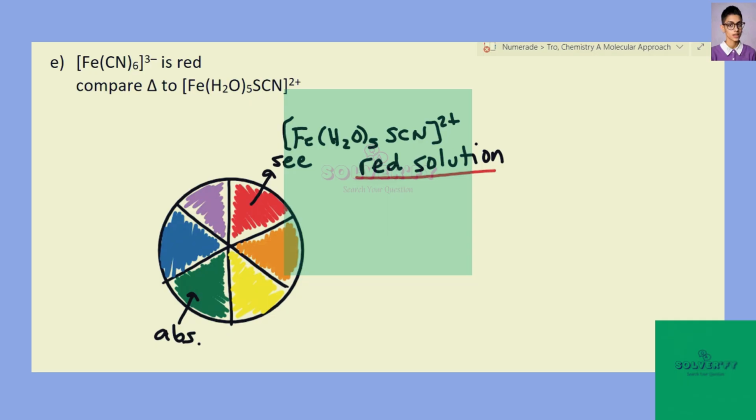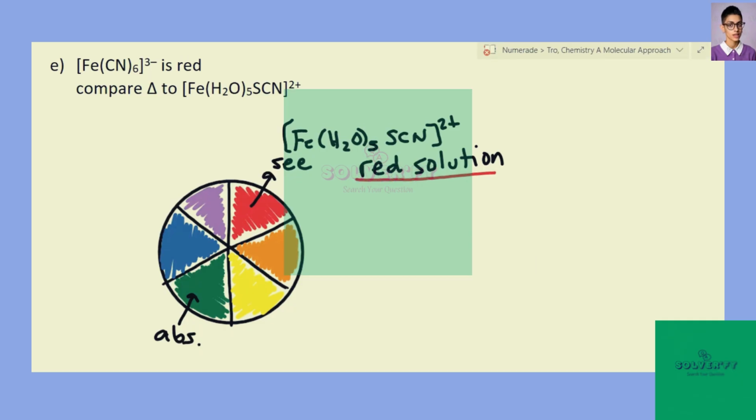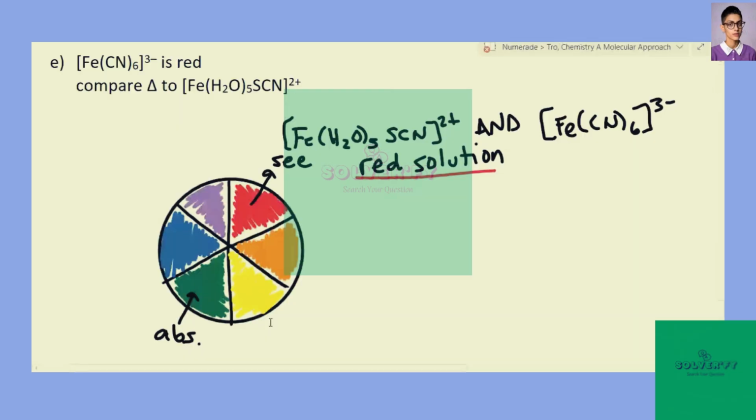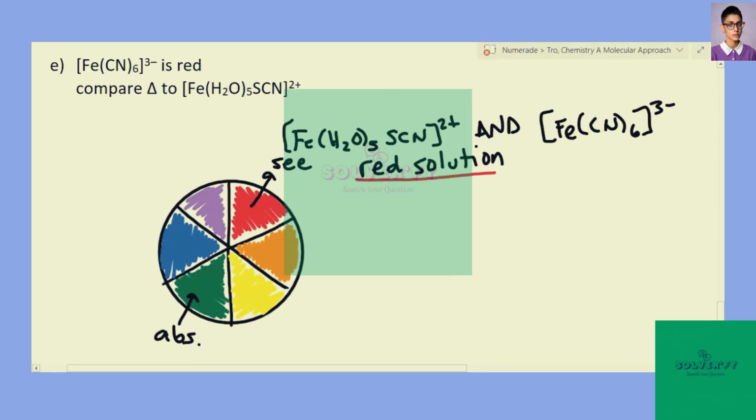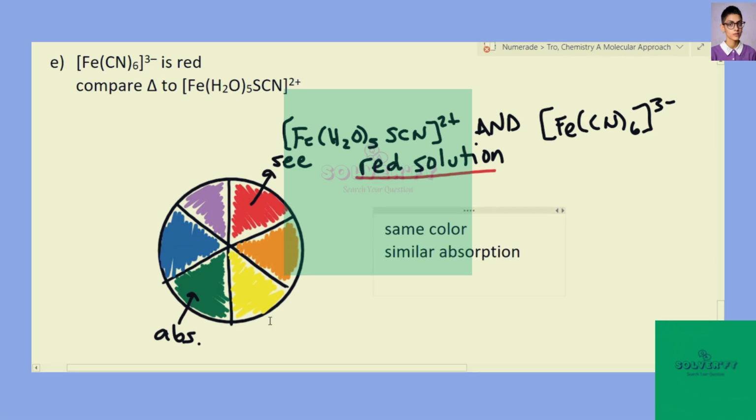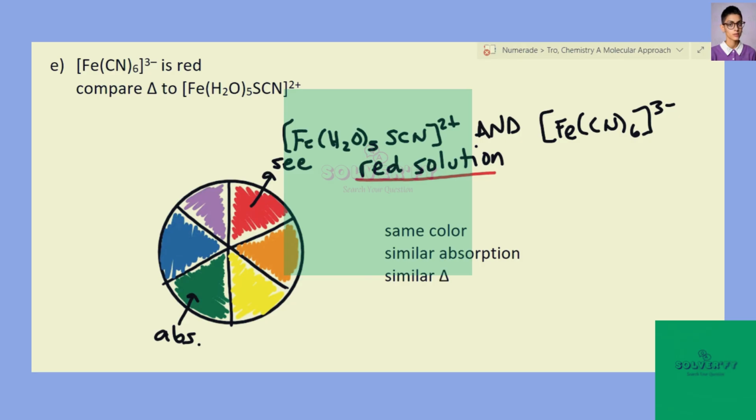So both of these appear the same color. That means they must absorb the same or similar wavelengths of light. So if they have the same color, they have similar absorption. And if they have similar absorption, they must have similar crystal field splitting energies.